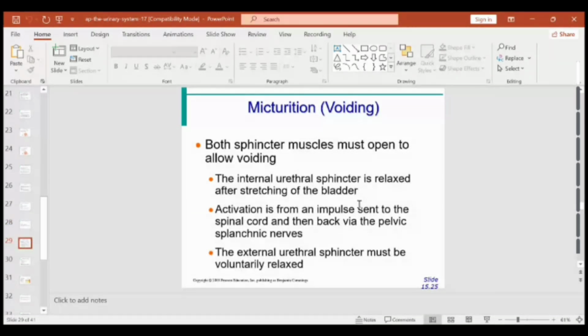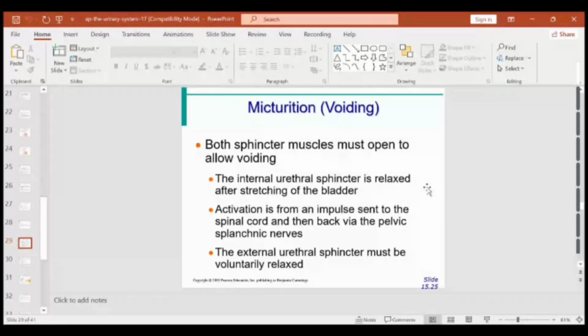The process of micturition, or voiding, or just peeing, starts once the bladder gets full, and the stretching activates some receptors, which send an impulse into the sacral region of the spinal cord, specifically through the pudendal nerve. This activation sends back an impulse, which is called the motor reflex.